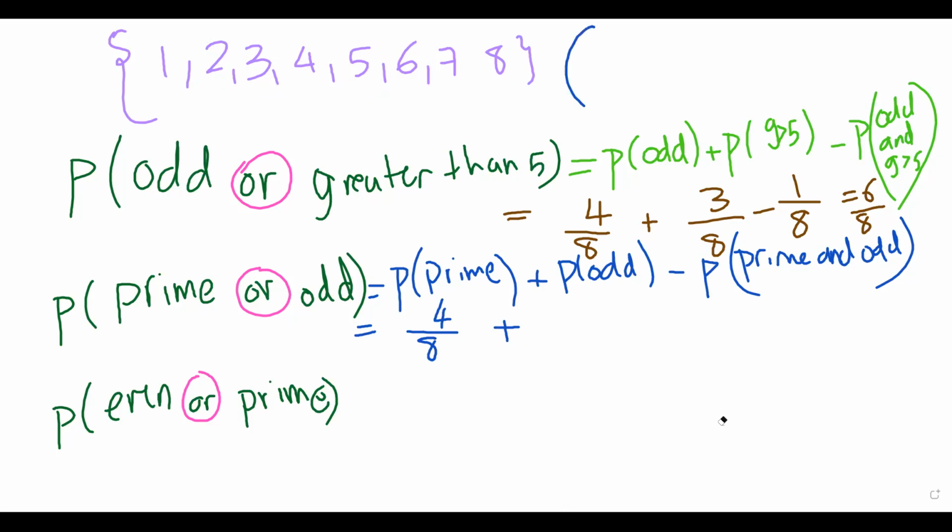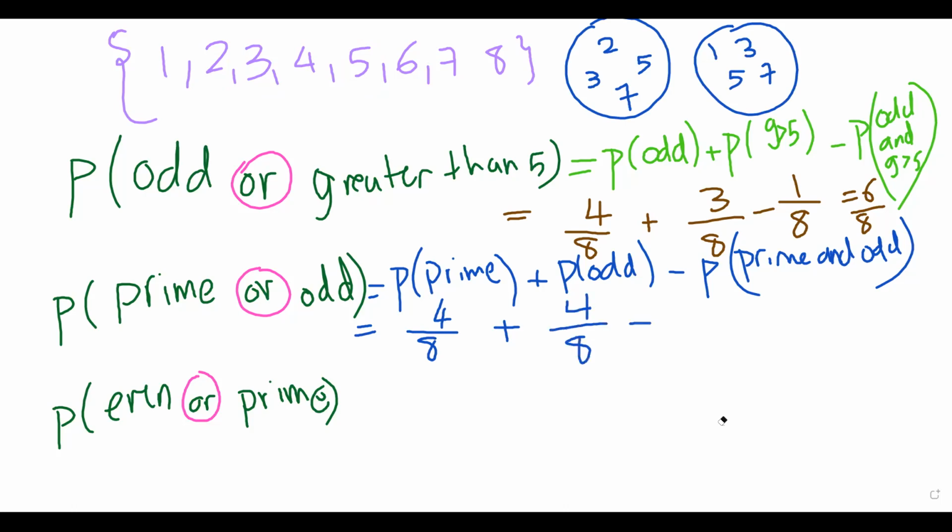The odd numbers are 1, 3, 5, and 7. So they are 4 numbers. Now, how many numbers are prime and odd at the same time? We have 5, 7, and 3. So 3 numbers are prime and odd. So we have 4 plus 4 is 8 minus 3. So it will be 5 over 8.